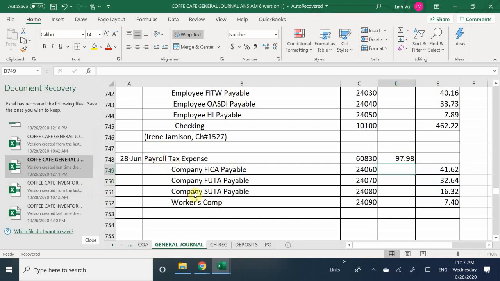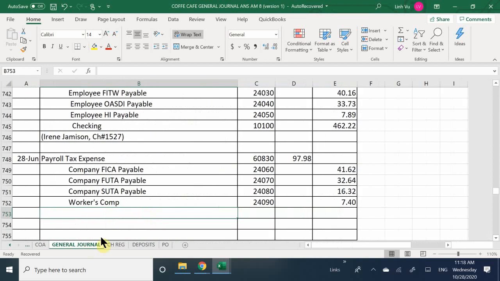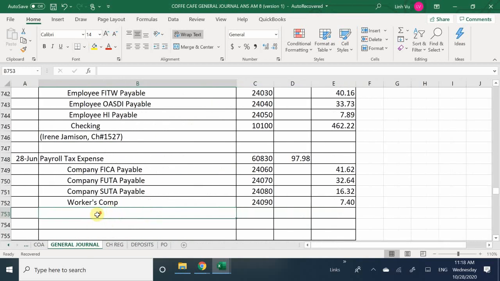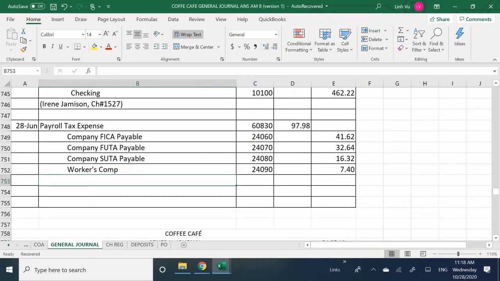All right, so we're only calculating how much tax we have to pay for having Irene, not including her paycheck. Okay. I'm on the same page now. Okay. So with that being said, what is my note that I'm going to place here? Irene's payroll taxes.